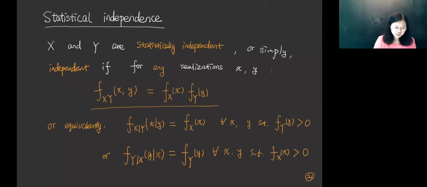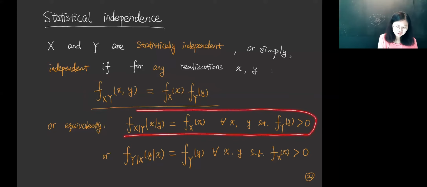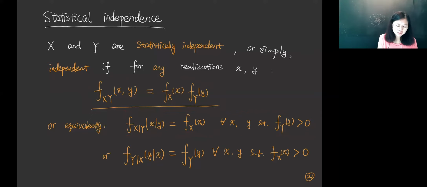So these are three equivalent definitions of statistical independence. It's easy to see why this product rule is equivalent to the definition using the conditional PMF. You just need to realize that the conditional PMF is the ratio of the joint PMF and the marginal PMF for the conditioning variable.